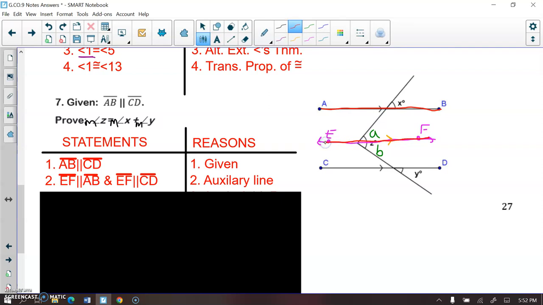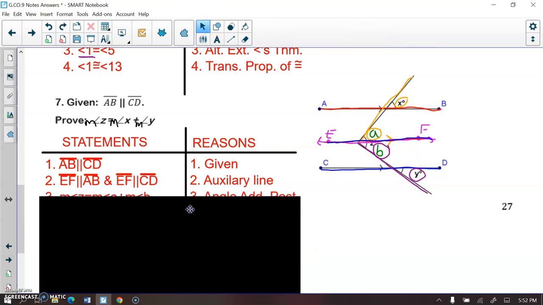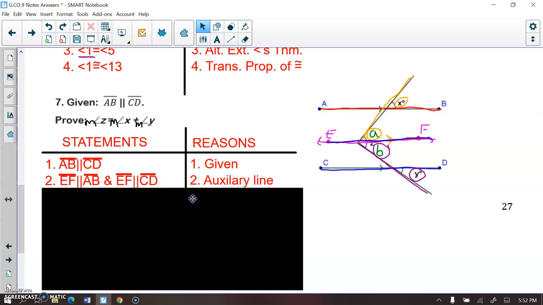If I look at these two parallel lines, cut by this transversal, angle X and angle A are congruent because they're corresponding angles. If I look at these two parallel lines, cut by this transversal, angle Y and angle B are congruent because they're corresponding angles as well. So since they have the same reasoning, I can put that in one step.